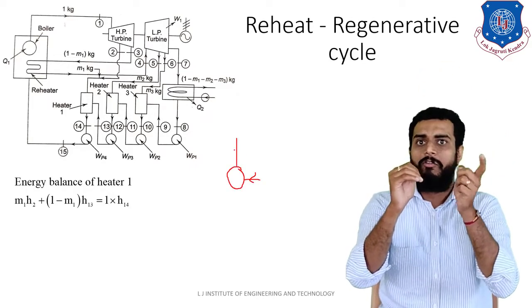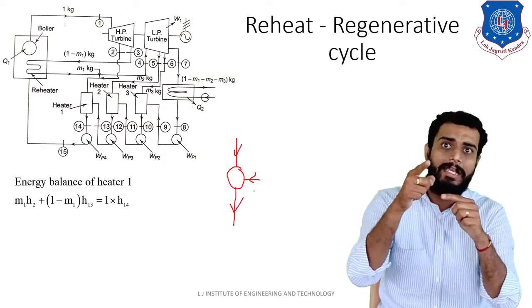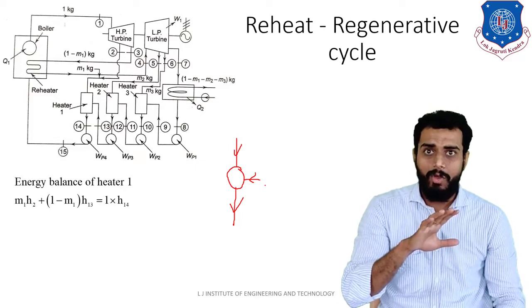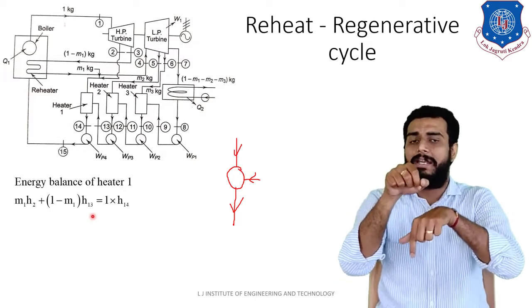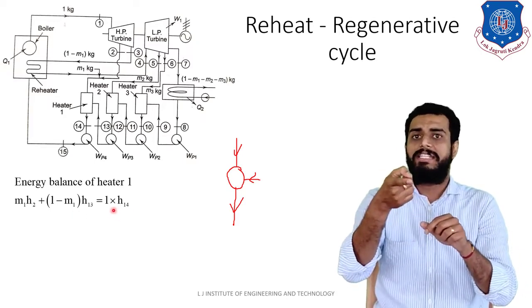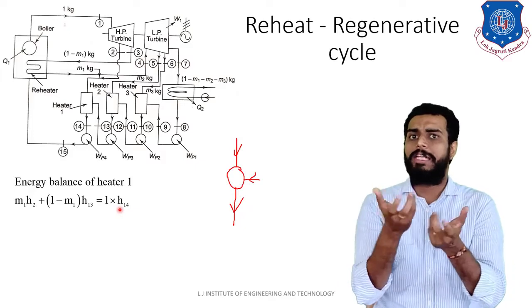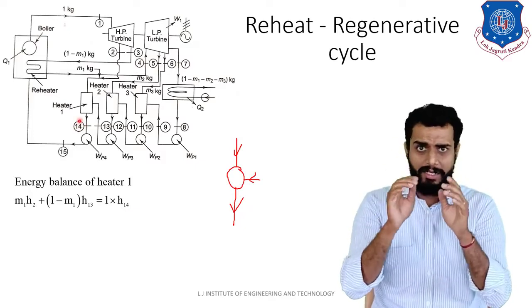The other inlet is (1 minus m1) kg into its enthalpy, h13. And at the outlet, how much mass is there? 1 kg complete, carrying enthalpy corresponding to point H14. Clear? I hope everyone is clear.